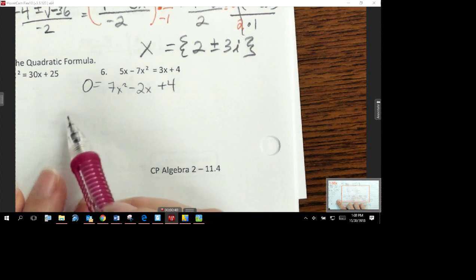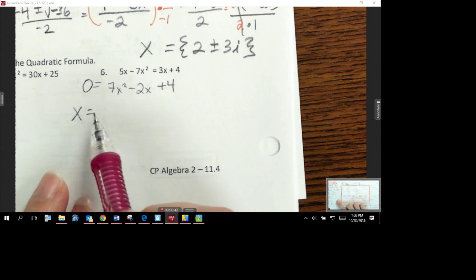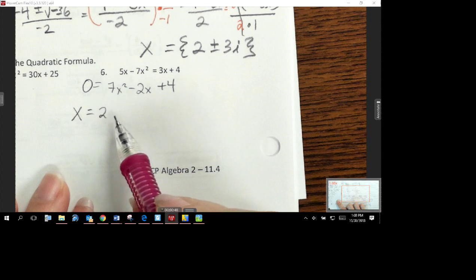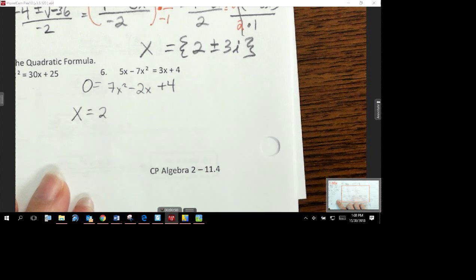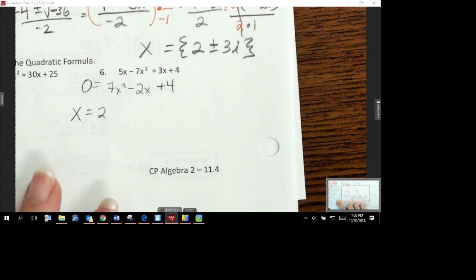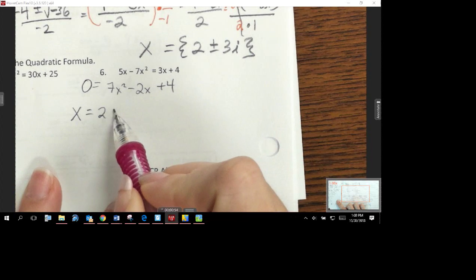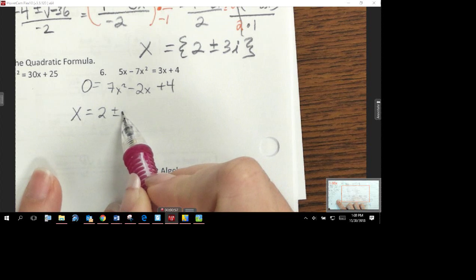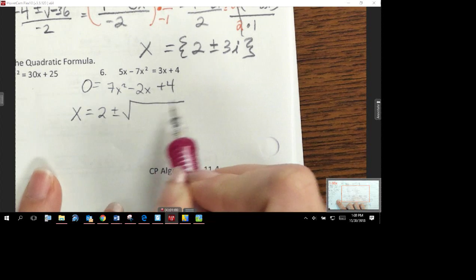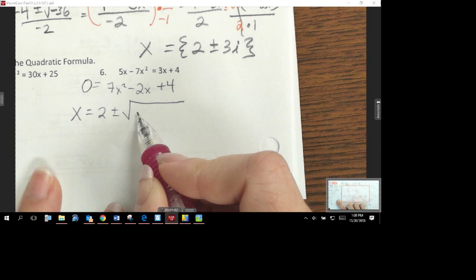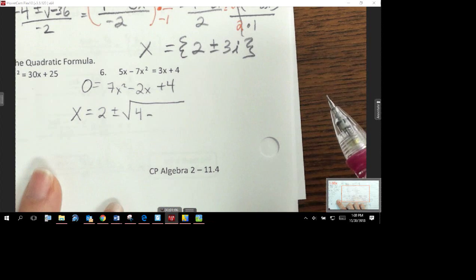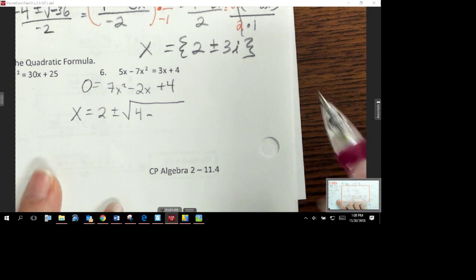And then when you do our song, Ethan? It's okay. It may be a little tone deaf. It's all right. So, x equals opposite b, plus or minus, plus or minus square root of b squared minus 4ac.